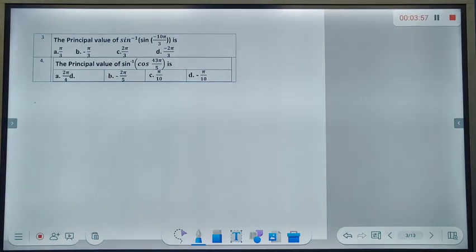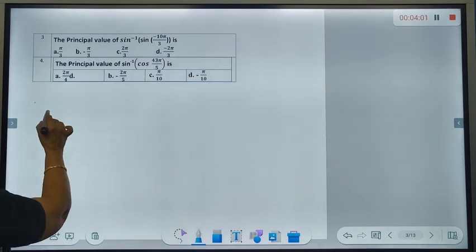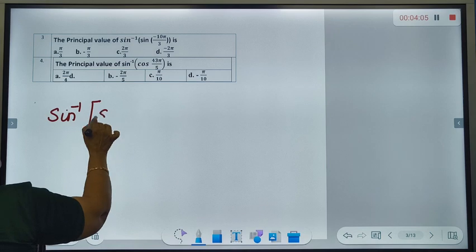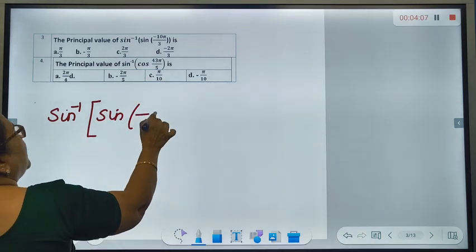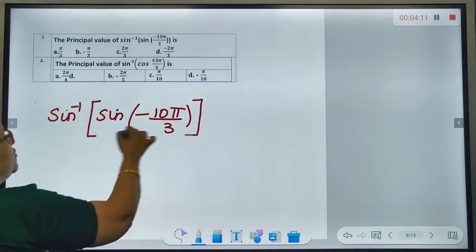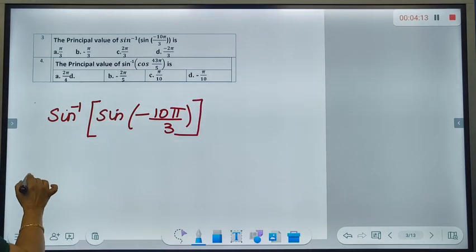Next, we are going to find the principal value. The first question is sine inverse of sine of minus 10 pi by 3. You have to find the principal value. Okay.